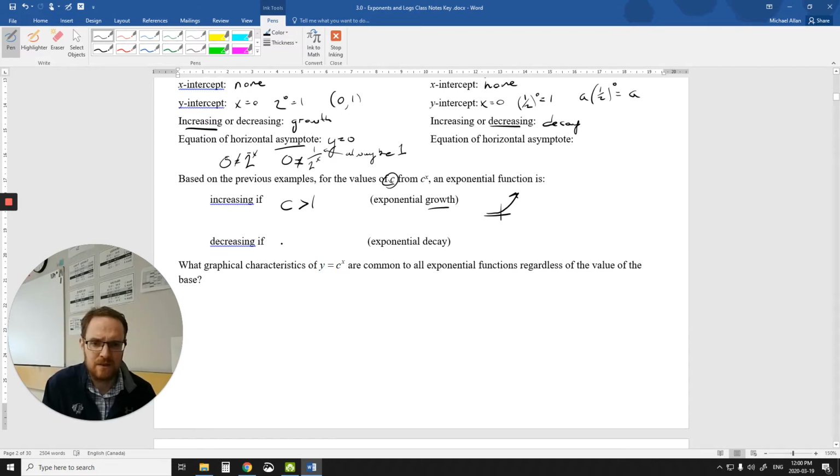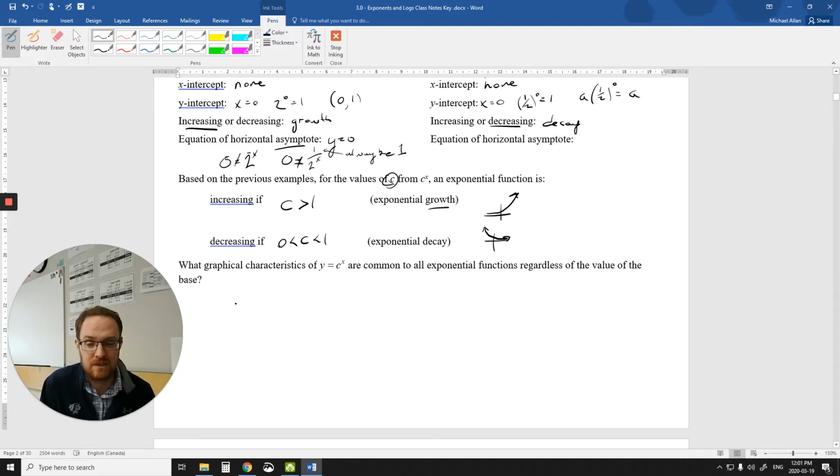We consider it to be a decreasing graph if it's between 0 and 1, and that's when we get our decay graph. So it's going to go the other way. You notice that we're not including 1, we're not including 0, because those are not exponential functions. They would be considered other functions, or linear functions, or just a constant function, depending on which C value you picked.